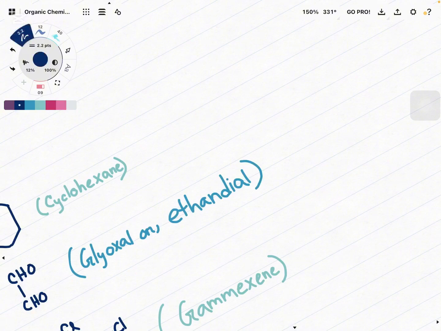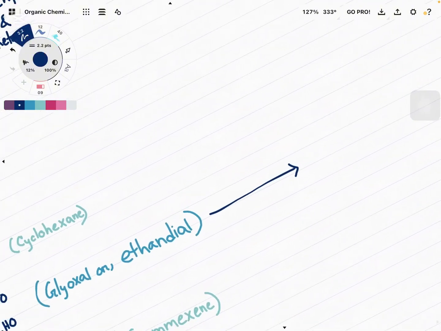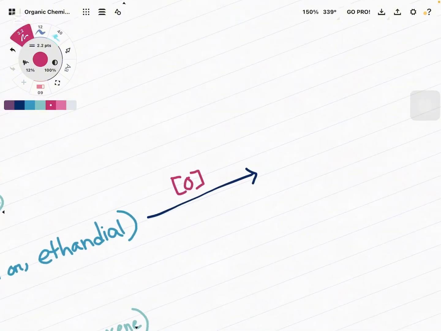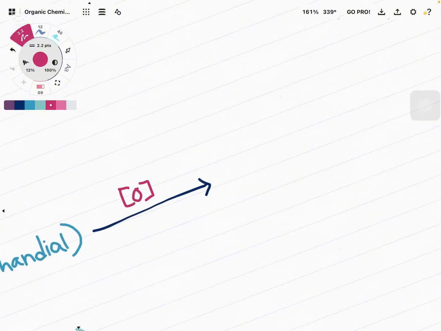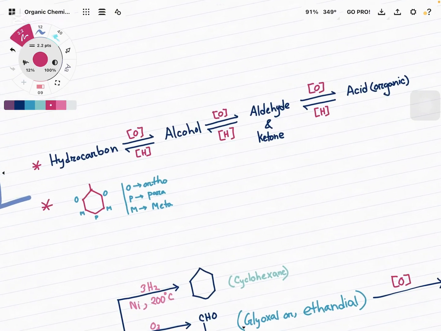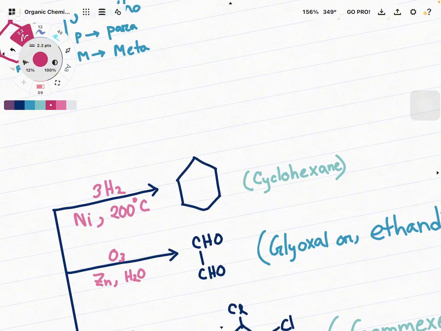So we will move to our further reaction with glyoxal. With glyoxal we will do oxidation, which means adding oxygen, and as we have seen, it is a kind of aldehyde.